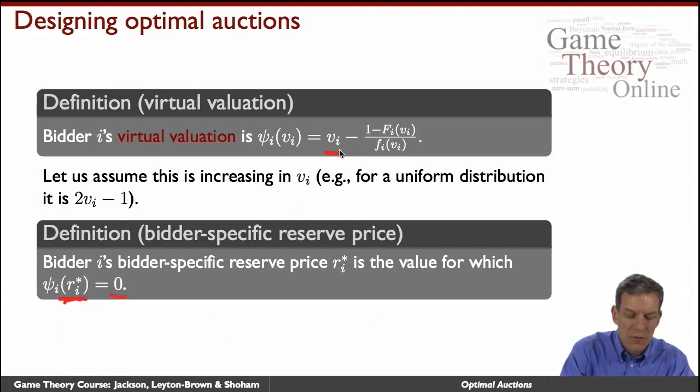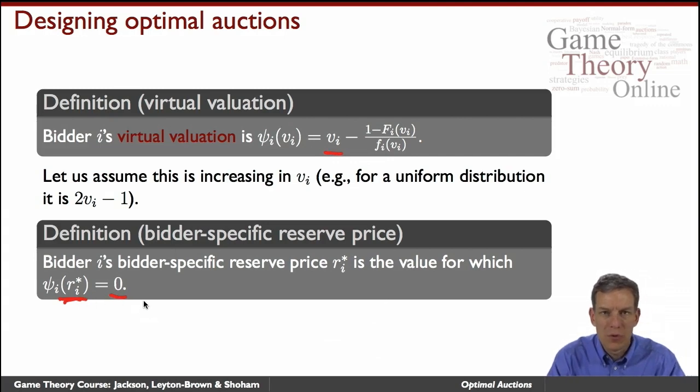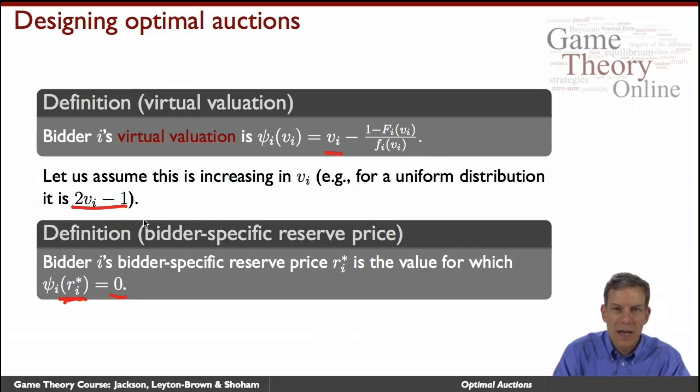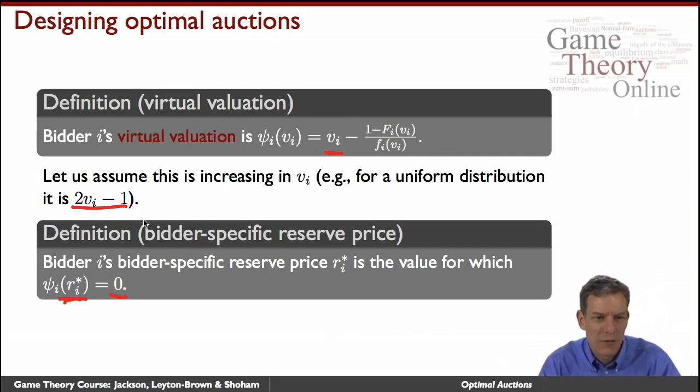So if you find a value of VI at which this is exactly equal to 0, we'll call that the bidder-specific reserve price. And in particular, if you plug back in the uniform distribution for this, now you're getting 2VI minus 1. The value of which that happens to be 1/2, right? So you would set the individual reserve price at 1/2.